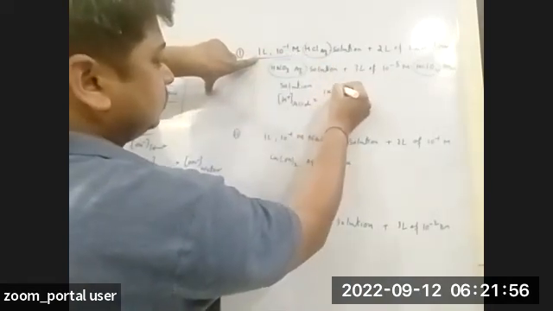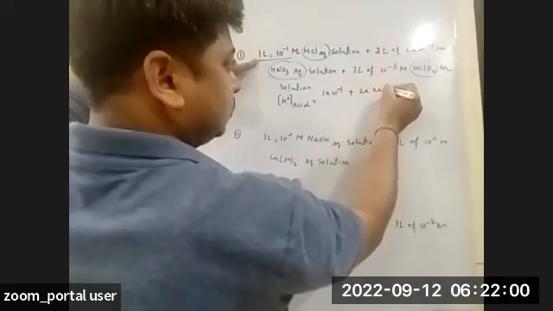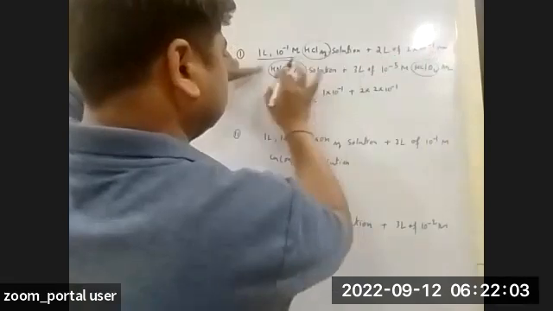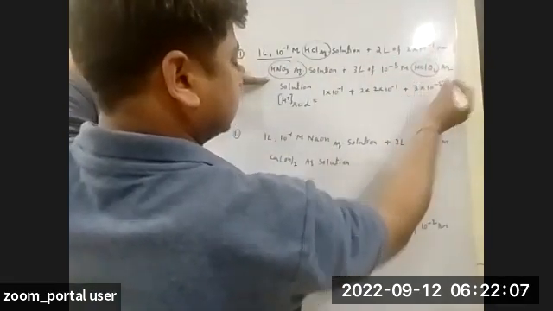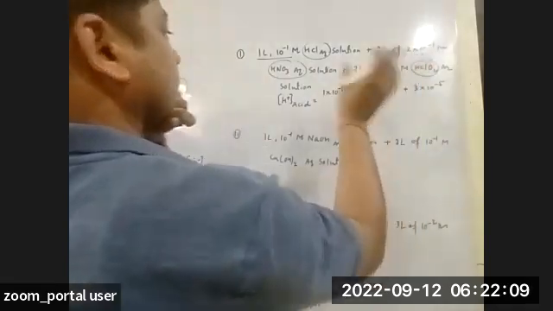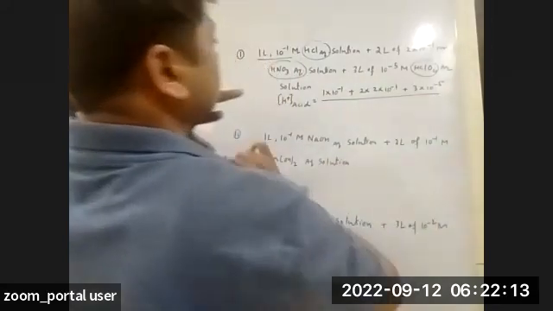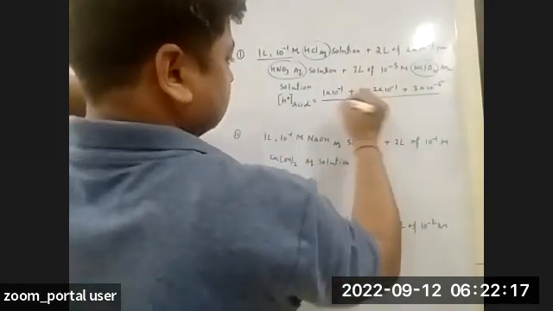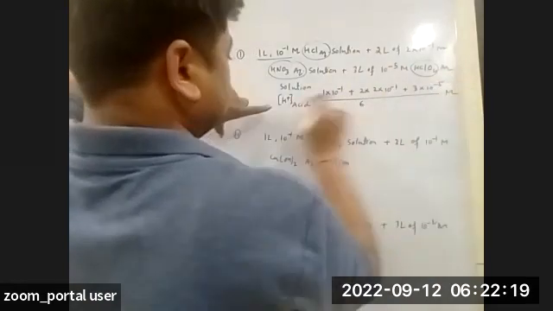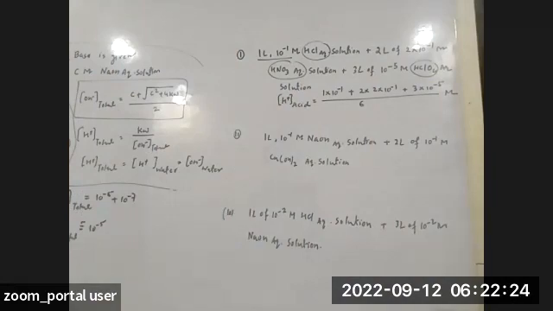So 1 into 10 to the power minus 1 plus 2 into 2 into 10 to the power minus 1, this will be for HNO3, plus 3 into 10 to the power minus 5. These are the total moles of H plus in the solution, divided by total volume 1, 2, and 3, so this will be 6. This will be H plus coming from acid.